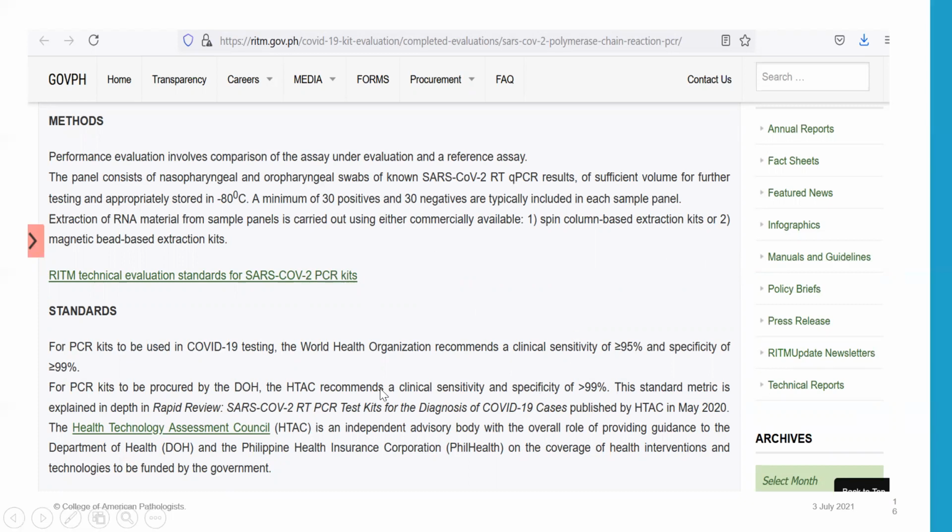And you can see they also have in the website the guidance of WHO, wherein the clinical sensitivity is greater than 95 for these kits, as well as the specificity should be greater than 99. And this is the requirement also set by DOH and the Health Technology Assessment Council.